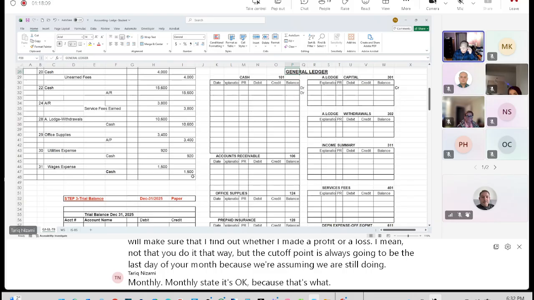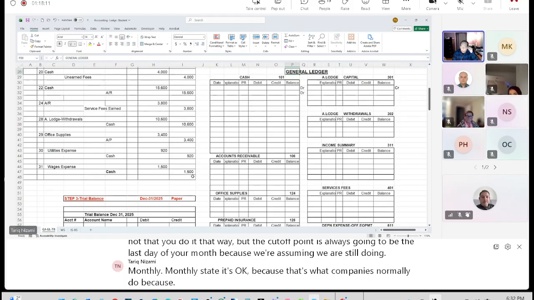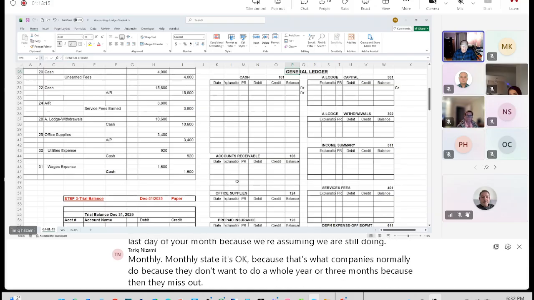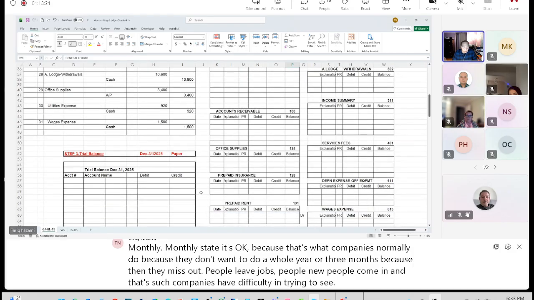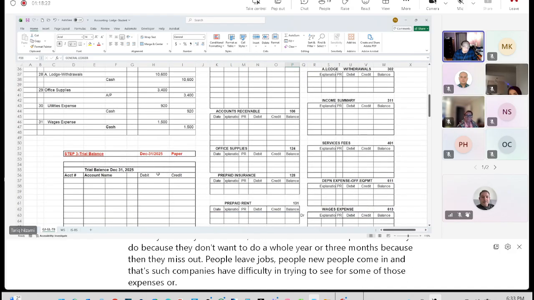Because that's what companies normally do, because they don't want to do a whole year or 3 months, because then they miss out. People leave jobs, new people come in, and such companies have difficulty in trying to see some of those expenses or some of those revenues.